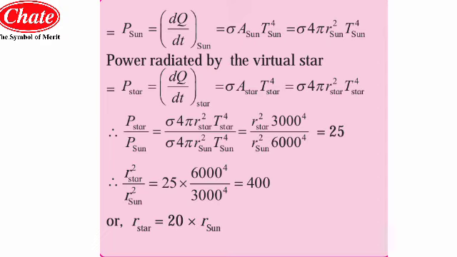Now simply you can take the ratio, that is the square of the radius of star upon the square of the radius of sun is equal to 25 into bracket 6000 raised to 4 upon 3000 raised to 4, which will be equal to 400. Thus the radius of the star is equal to 20 times the radius of sun.